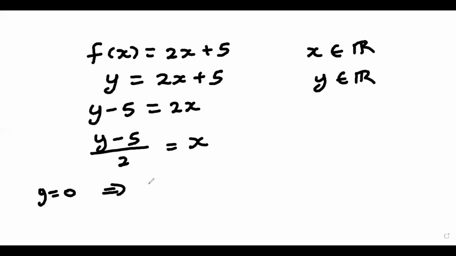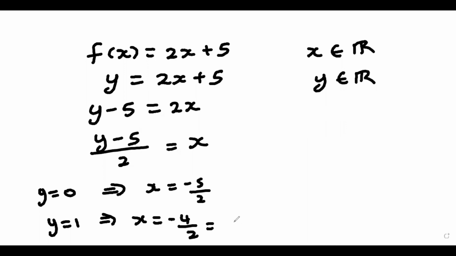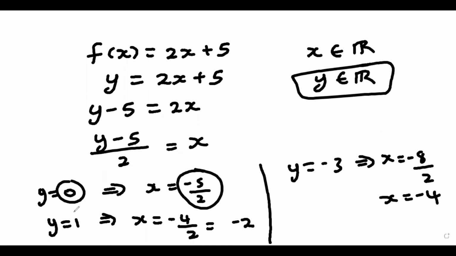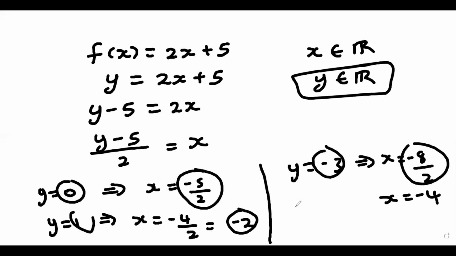If you put y as 0, that means x is equal to negative 5 over 2. Let's say y is equal to 1. That means x is equal to minus 4 over 2, which is minus 2. Let's say y is equal to minus 3, for example. That means x would be equal to minus 8 over 2, so x would be equal to -4 here. As you can see, this is a real number, real, real, real. And so therefore, this is surjective.